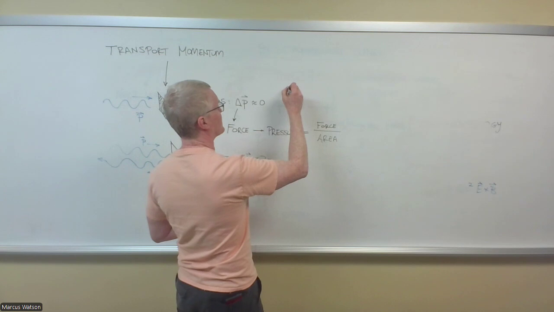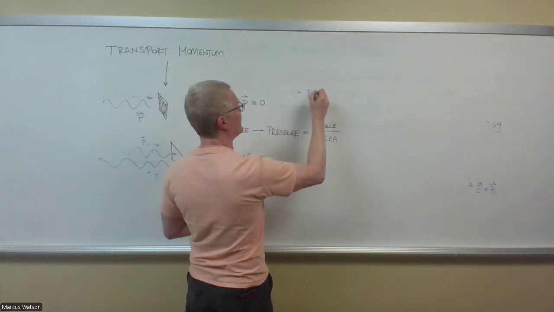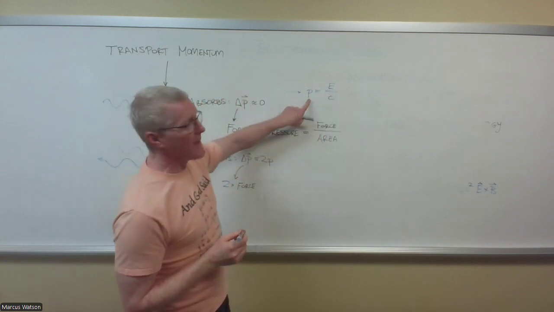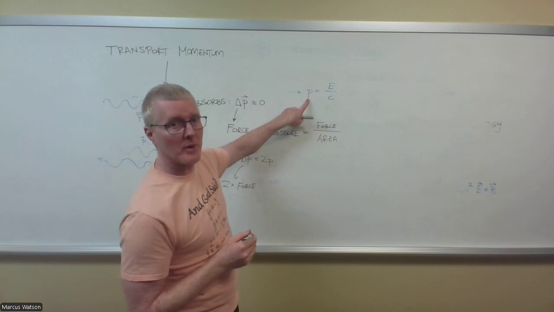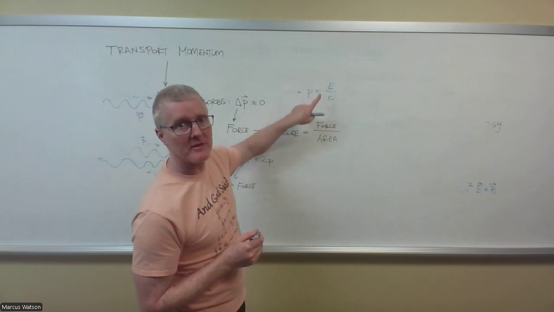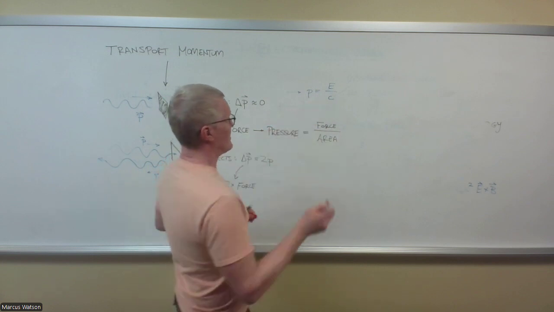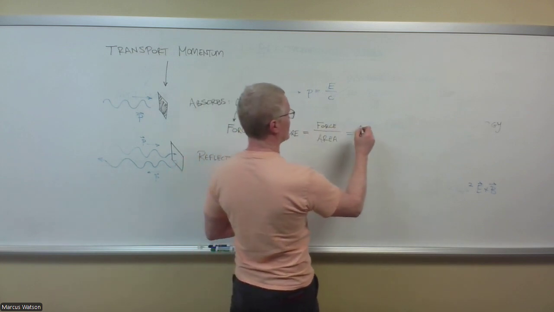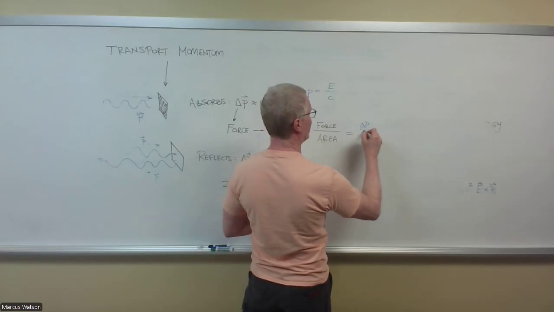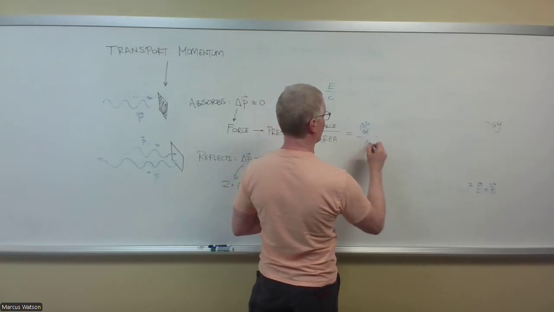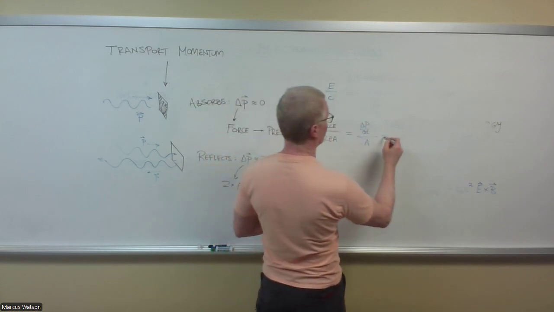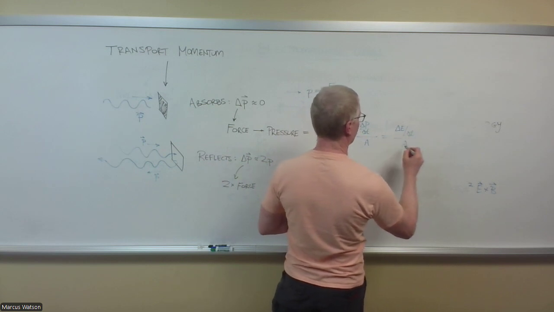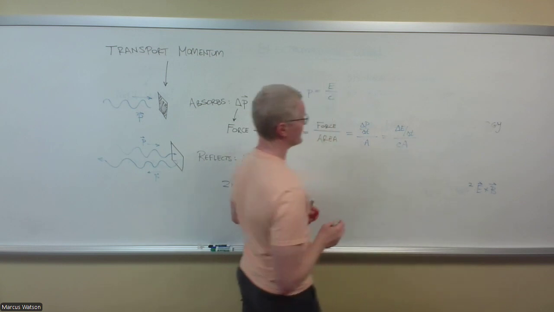Because for an electromagnetic wave, we find out that P is equal to the energy of the wave divided by c. In other words, the momentum that the wave is carrying is related to the energy of the wave divided by c. And therefore, what we can do is rewrite this. Since the force is delta P over delta T, and the area is area, then I can say, well, this is like a change in the energy per time divided by area and divided by c.